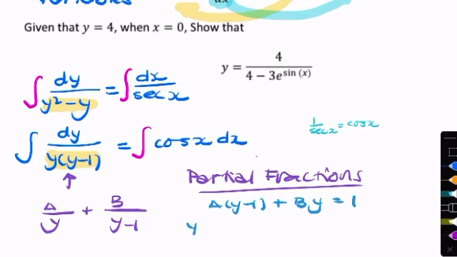If y equals 0, A equals minus 1, and if y equals 1, B equals 1.